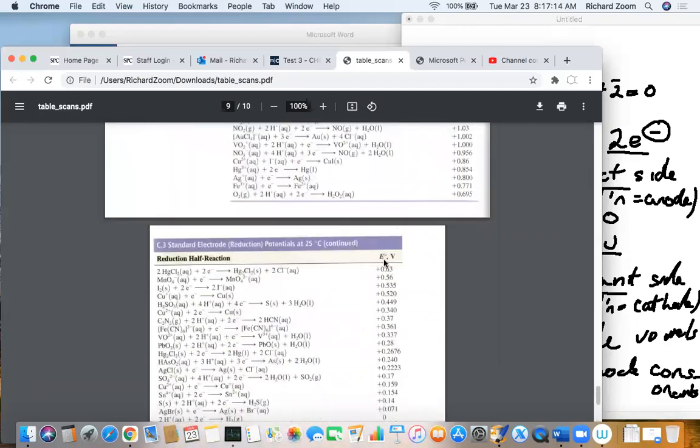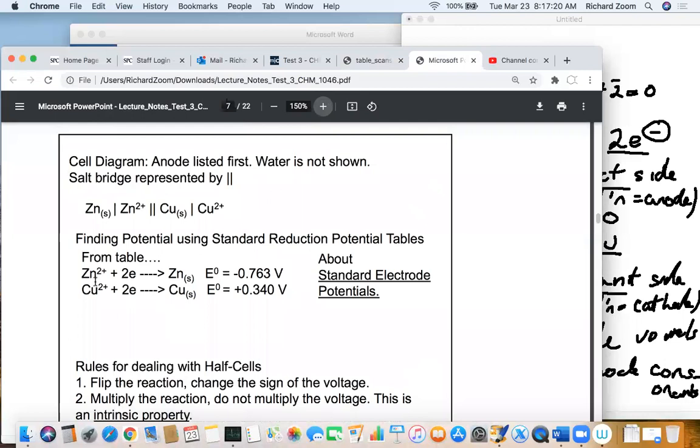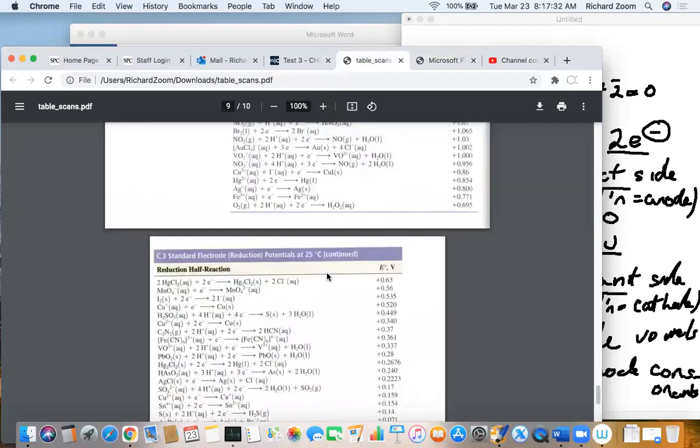We call this the E0, or the electrode potential. So that's where I get this from. Zinc 2+ plus 2 electrons gives zinc, at minus 0.763 volts. And copper 2+ plus 2 electrons gives copper, and that's 0.340 volts. And we'll find that reaction here. There it is.